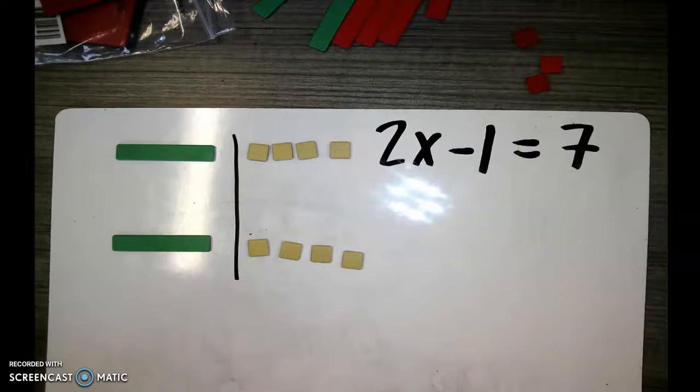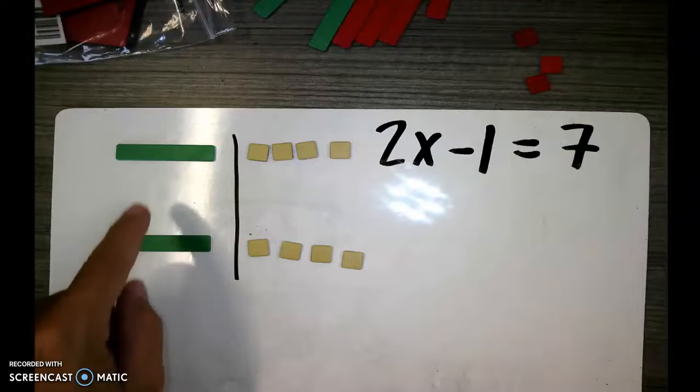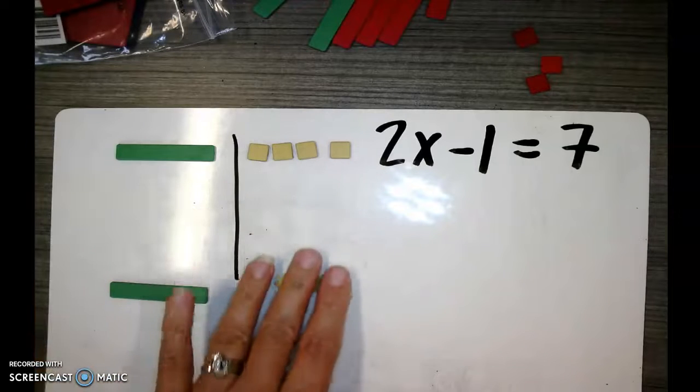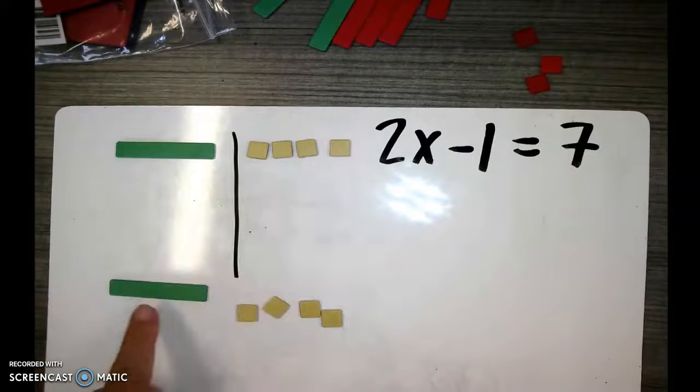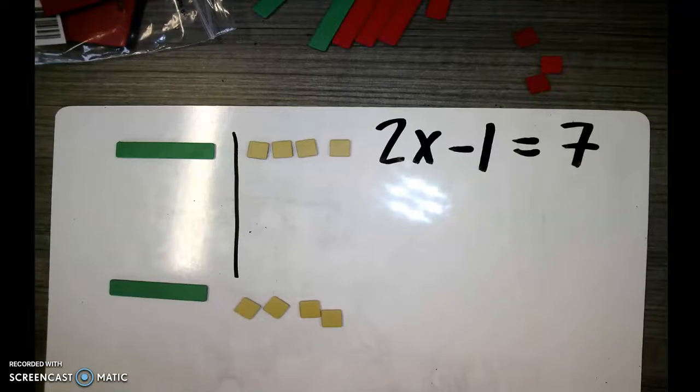So I can see that I can divide those 8 tiles evenly into 4 and 4 to 2 groups. I need 2 groups. So then I know that my x is equal to 4, because I can remove those because I just need 1x, not 2. So 1x is equal to 4.